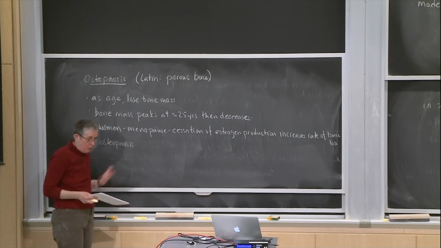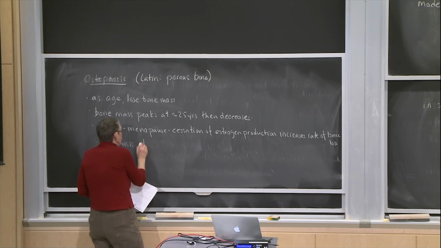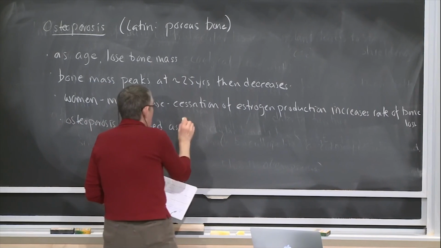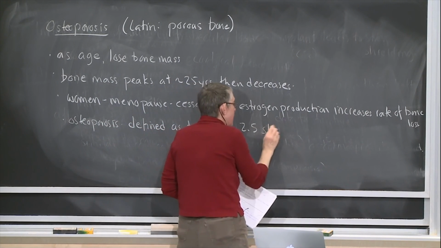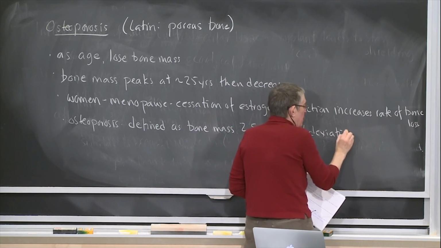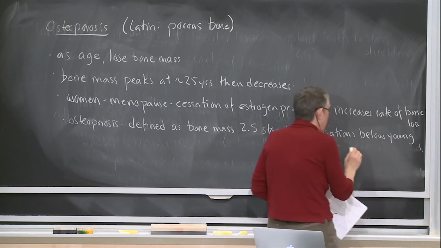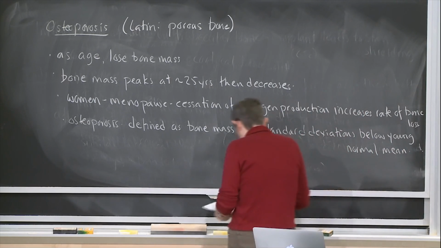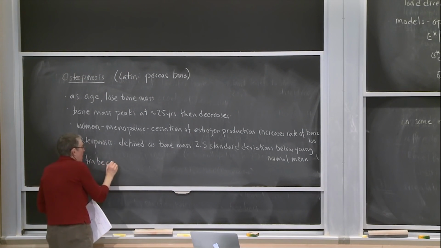So it's not like you fall and break your hip and they say you have osteoporosis. It's based on the bone mass. And as I said, the trabeculae thin, and then they resorb completely.